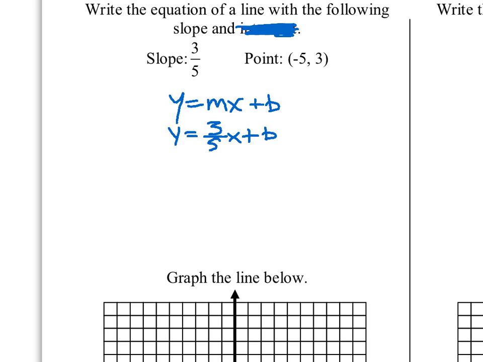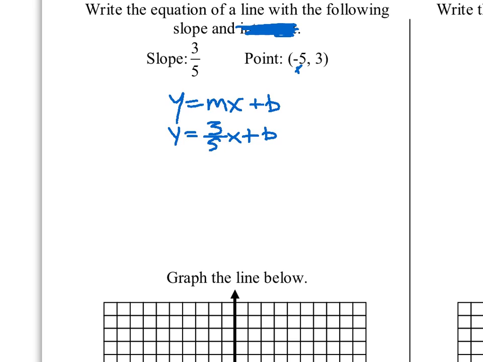We are given a point, though, and that point contains some very important information that we can use with this equation. What does that point contain? What makes up that point? Rebecca? A y and an x.